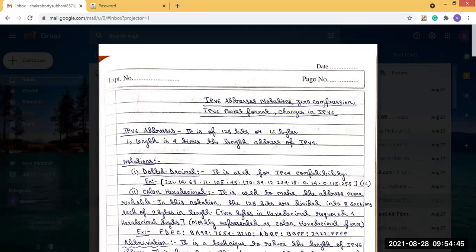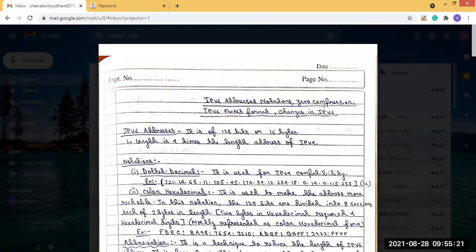That means the length of the address in IPv6 is 4 times that of IPv4, because in IPv4 the address length is 32 bits, but in IPv6 it is 128 bits. That means 4 times larger: there it is 4 bytes, but here we are using 16 bytes.